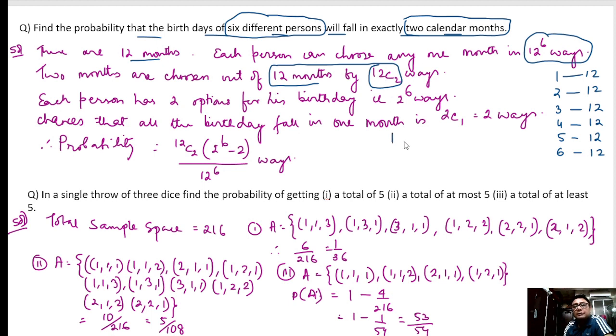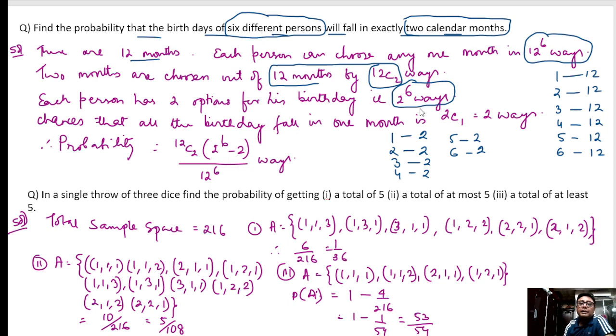So the first person can have 2 options, the second person 2 options, the third person 2 options, the fourth person 2 options, the fifth person 2 options, and the sixth person 2 options, because I want all of the persons' birthdays to fall in those 2 months. So there are a total of 2 to the power 6 ways in which the 6 persons can have their birthdays chosen.